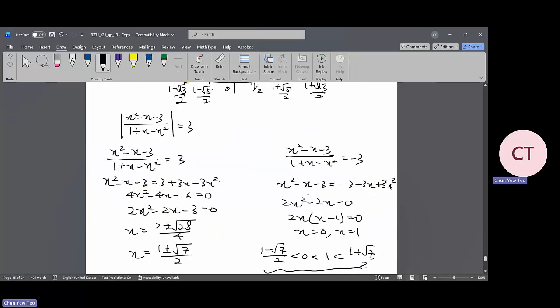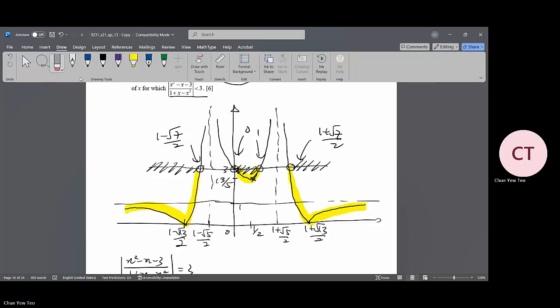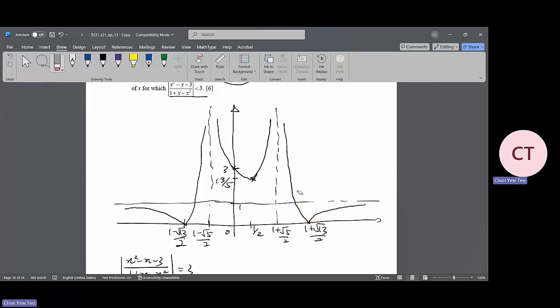And this one no need to show. We can erase it. Erase it. This one also erase.